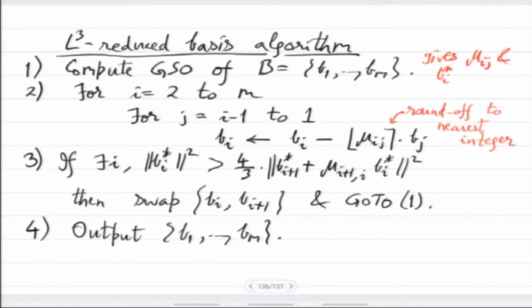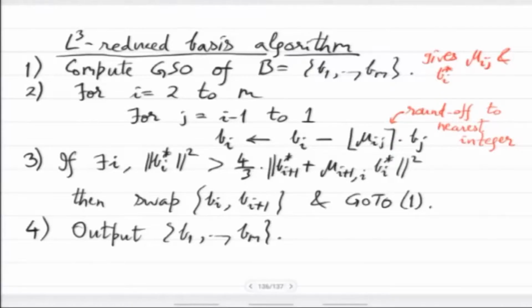And then what is done is this mu ij is rounded off to the nearest integer, because mu ij may be a real number, it may not be an integer. So this computation you actually cannot do by remaining within a lattice. You really want to remain in the lattice generated by B1 to Bm. You don't want to go out. You don't want to change the lattice.